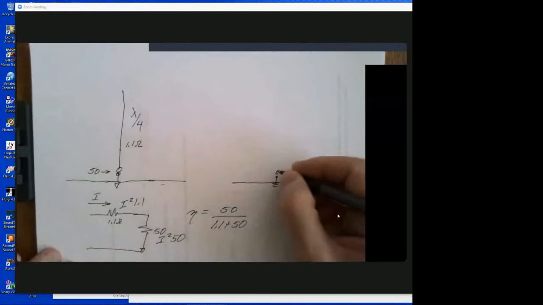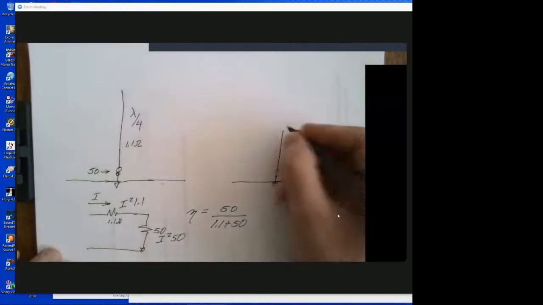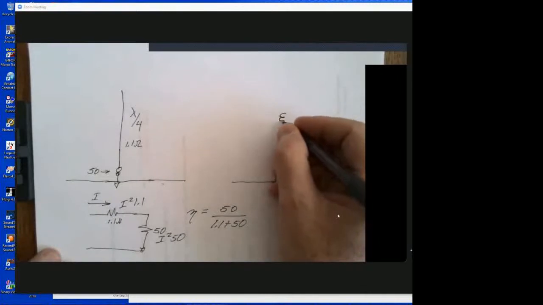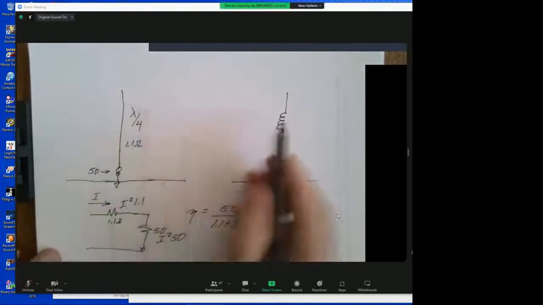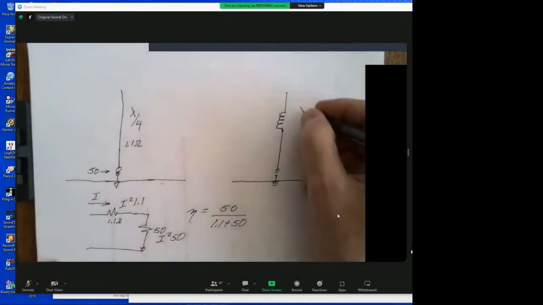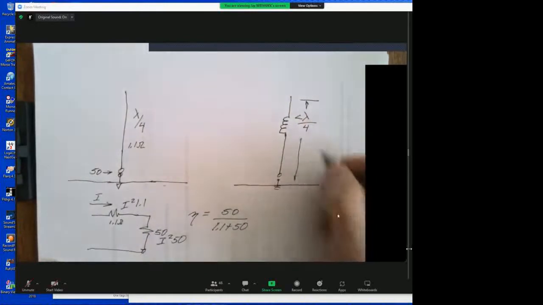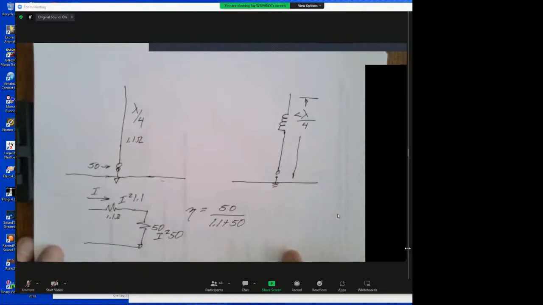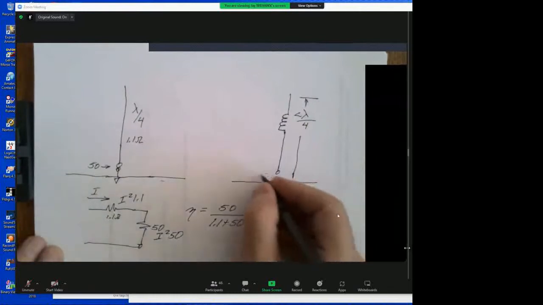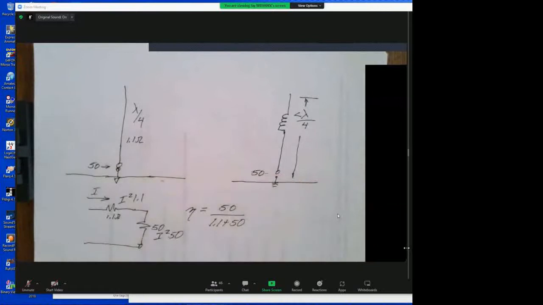And oh, by the way, you want this to be shorter, so you get out the ARRL handbook and you put in a coil to make the antenna shorter. This is not to scale. This is a lot less than a quarter wavelength now, the total height. For the same, this will resonate, it'll work at 40 meters, and it looks like 50 ohms.